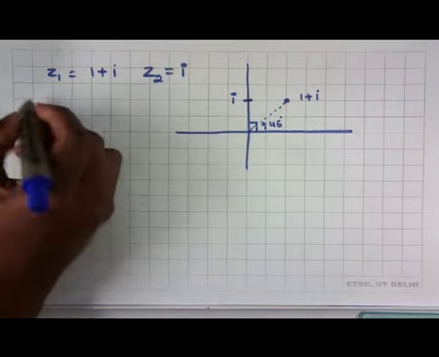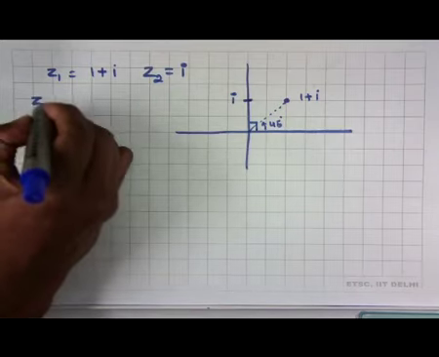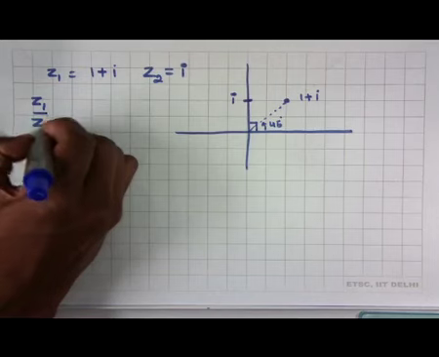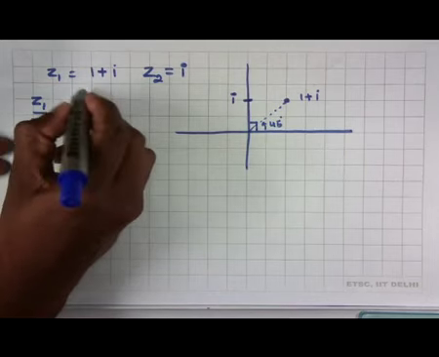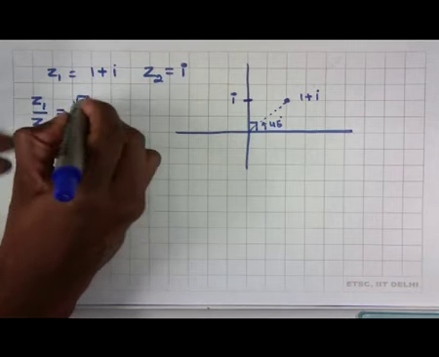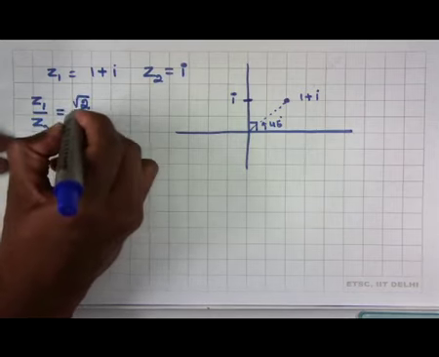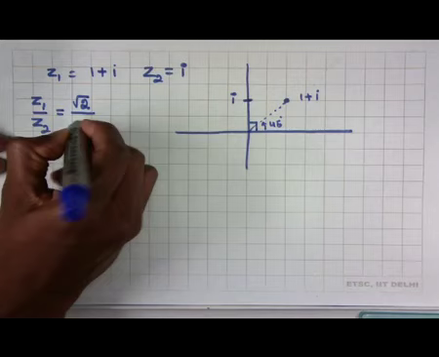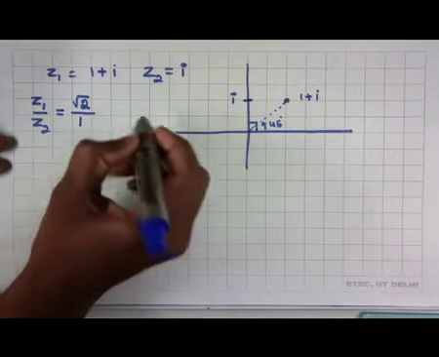Now, by division, what we observed is we need to divide the modulus. Modulus of z1 is root 2 and modulus of z2 is 1.